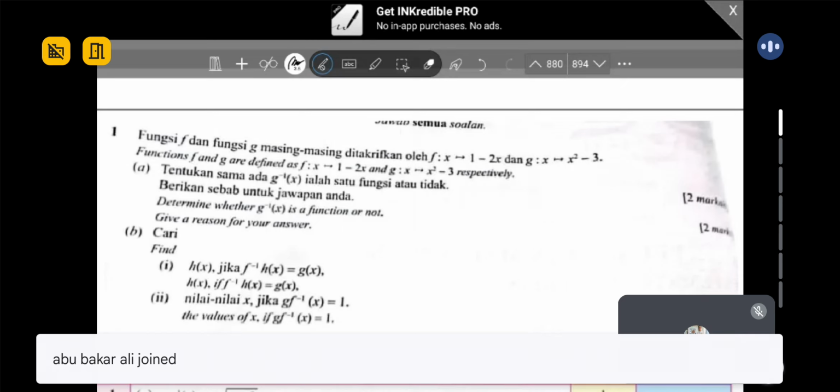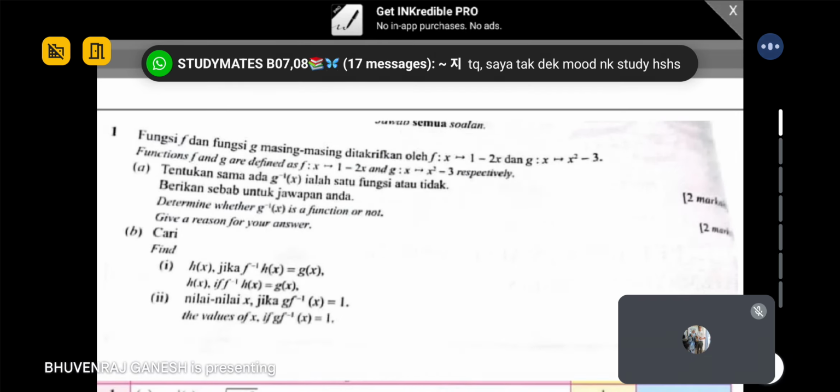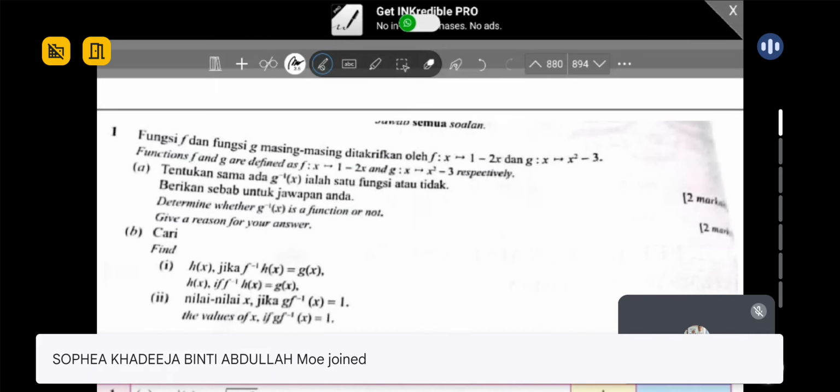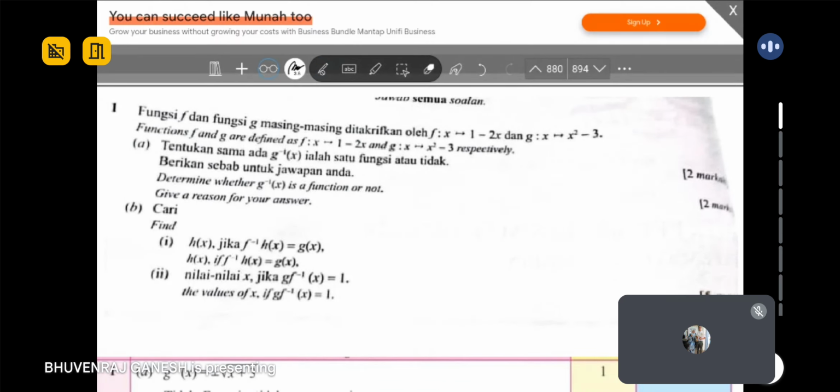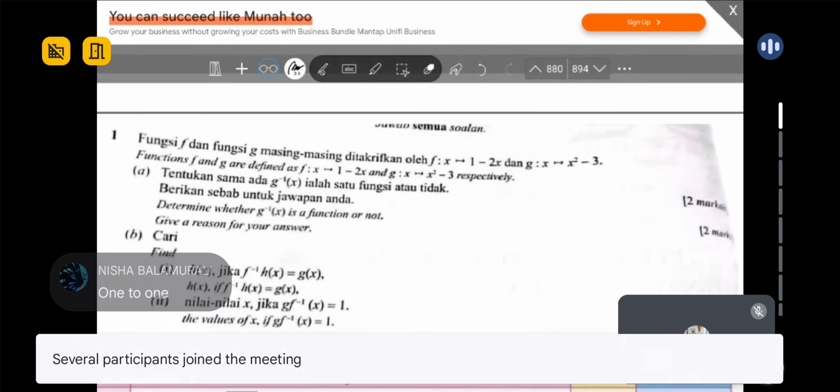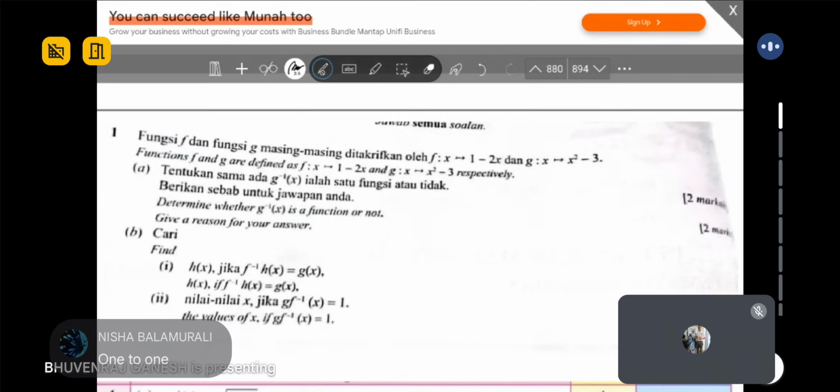Apa dua jenis hubungan yang boleh dipanggil sebagai fungsi? Yes, correct. Many to one. Ada satu lagi. Banyak kepada satu. Dan juga satu kepada satu. One to one. Correct.